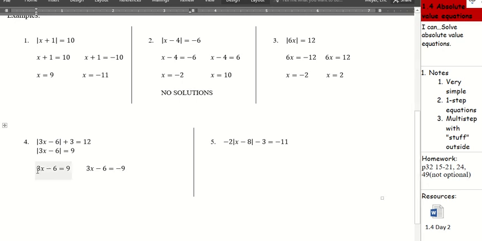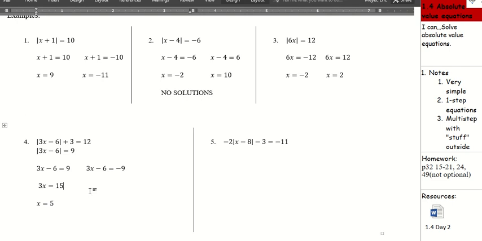I'm solving each of these separately, so I'm going to add 6 to both sides. 3x equals 15. And then here, if I divide both sides by 3, I get x equals 5.